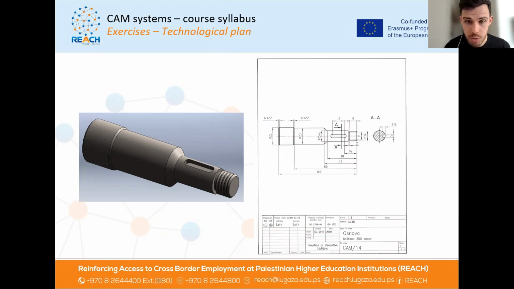And here is one example. So I already showed this picture at the beginning of my presentation. So this is then their homework. They are divided into smaller groups, up to 2 or 3 students, depending on the level of complexity of the requested piece.